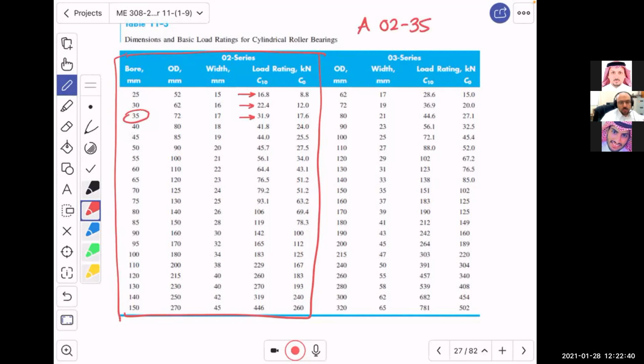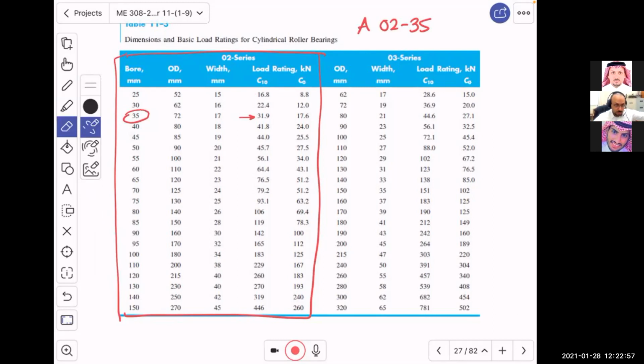I honestly don't see why that is. I have to admit, maybe I am missing something over here, and I will try to check it out. But we applied the application factor. And to me, when you apply the application factor, you gave yourself some factor of safety, and you should use the nearest one.